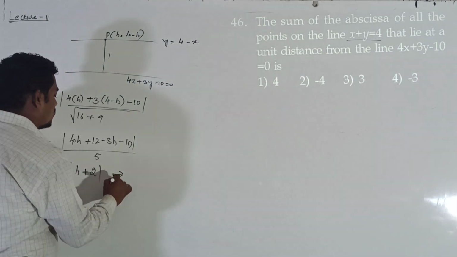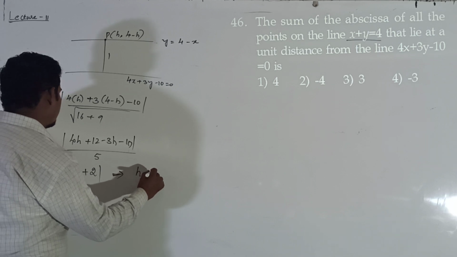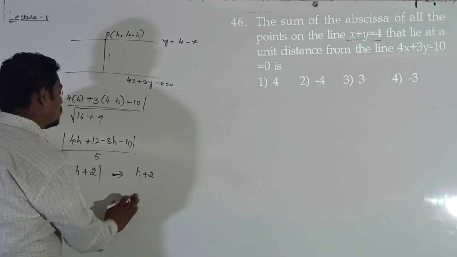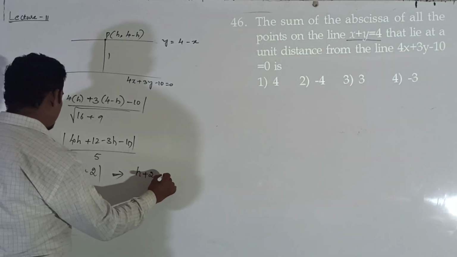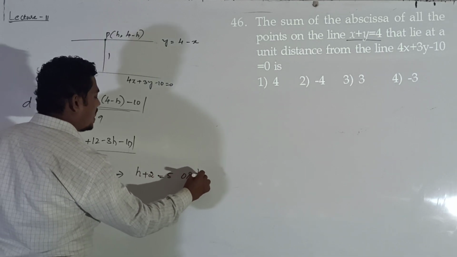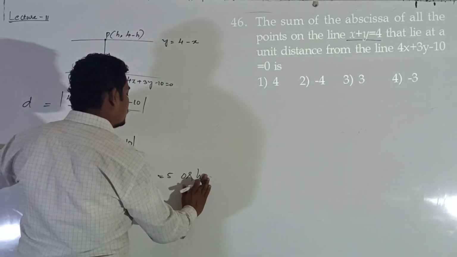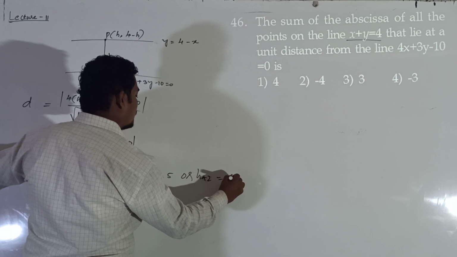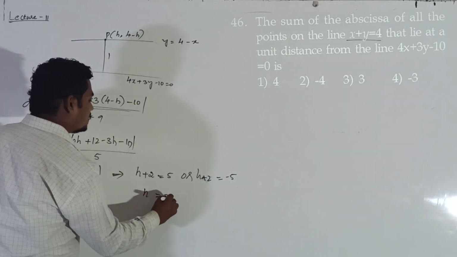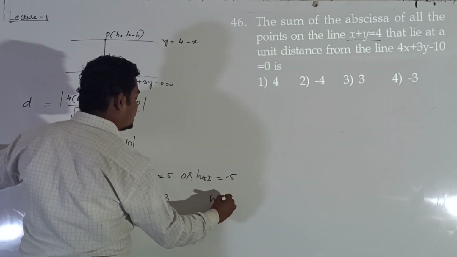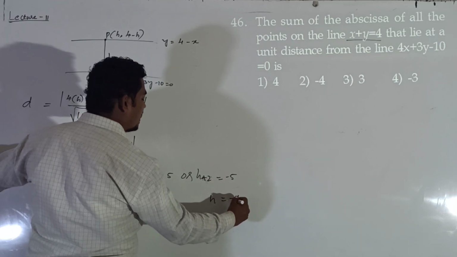After that there are two possibilities, h plus 2 is equal to plus 5 or h plus 2 is equal to minus 5, then h equal to 3 or h equal to, send it to RHS, minus 7.